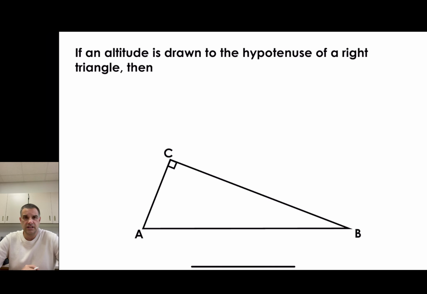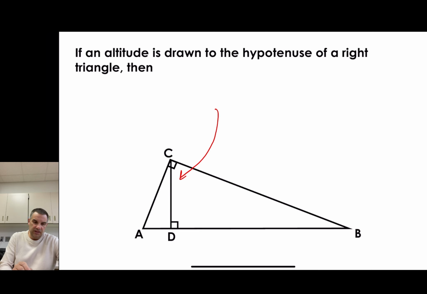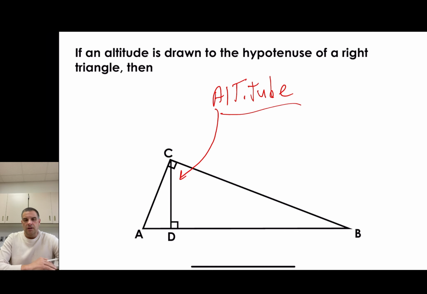Now, when do we use that geometric mean? Well, geometric mean is really used if we have a right triangle and we draw in there what's called an altitude. So an altitude is that line right there. So this line CD is called the altitude. An altitude is drawn to the hypotenuse of a right triangle.